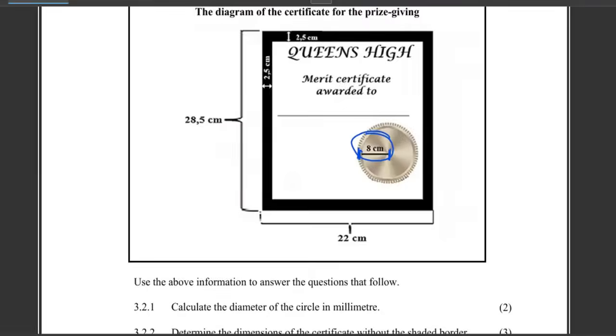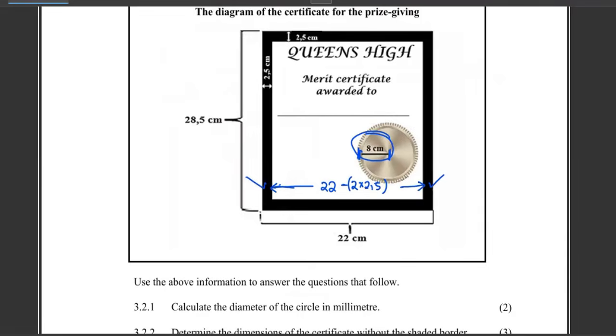Determine the dimensions of the certificate without the shaded borders. What are we going to do without the shaded border? Meaning, they want from here to here. What will it be? This will become 22 minus what? This side and minus this side. So minus 5. Why do I say 5? Because there are 2 sides and each is 2.5.